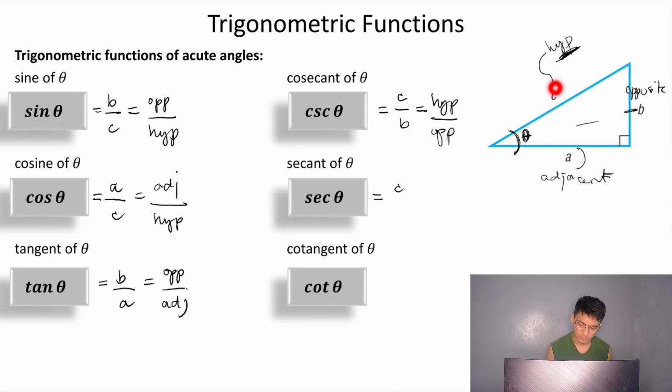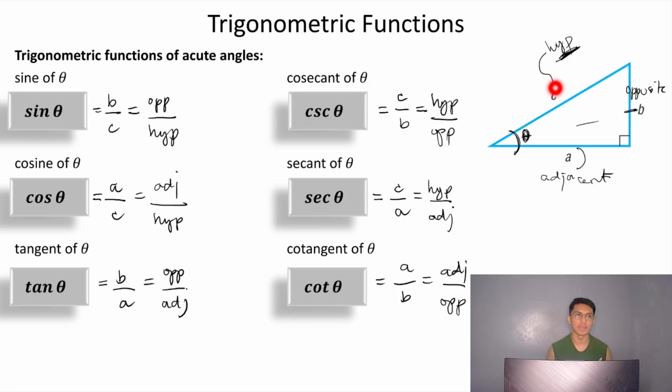So, this is C over A, or hypotenuse over adjacent. Ayan po siya. And lastly, for cotangent theta, ito po yung reverse of the trigonometric function tangent theta. So we have A over B or simply adjacent over the opposite. So ayan po yung kanilang mga value.